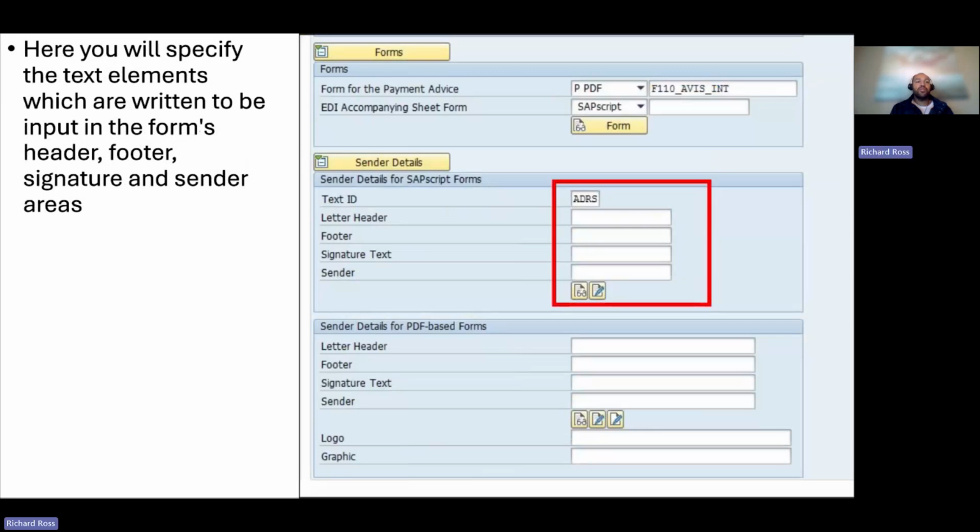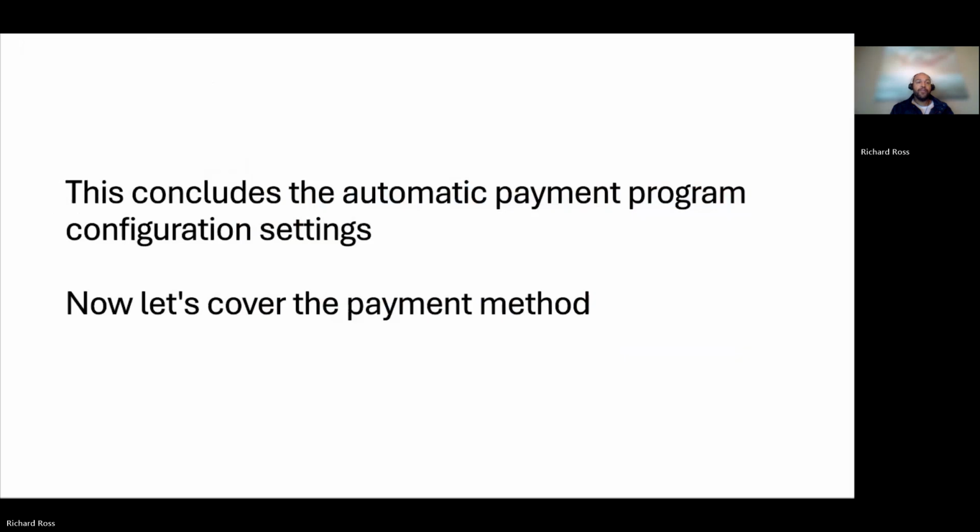Here, you will specify the text elements which are written to be input in the form's header, footer, signature, and sender areas. This concludes the automatic payment program configuration settings.